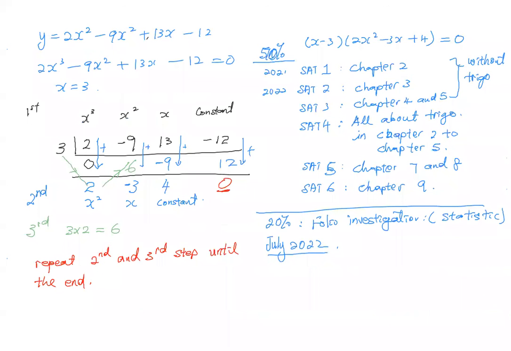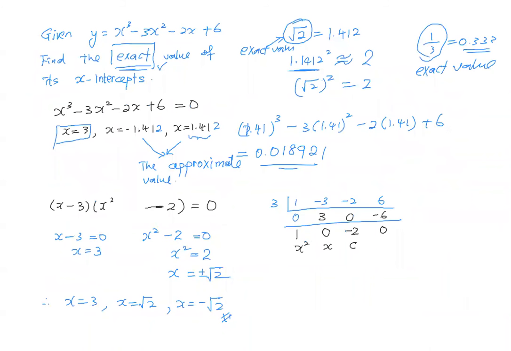Same thing if they ask me to find exact value. When you talk about exact value, that means you have to do it manually. Calculator only will give you approximate value. But nowadays, there are some good calculators, they will give you the exact value also. So you can go and find out how to get that. My job is to tell you that for exact value or show, I have to do it manually. That is the thing that I put in my mind. Are you okay?